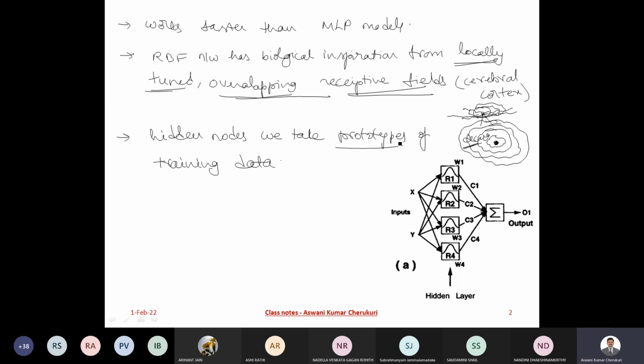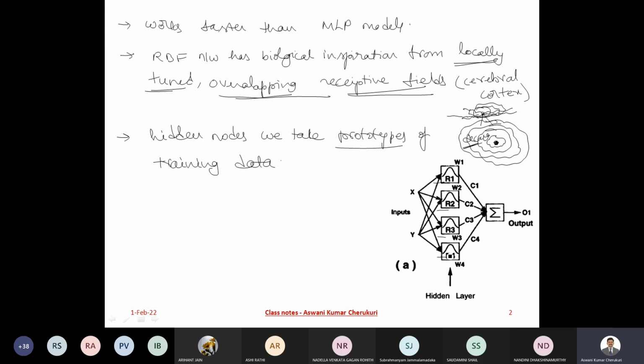In this particular network, you can notice that you have totally 1, 2, 3, and 4. That means the overall data has 4 prototypes. Imagine I have about 1,000 samples.